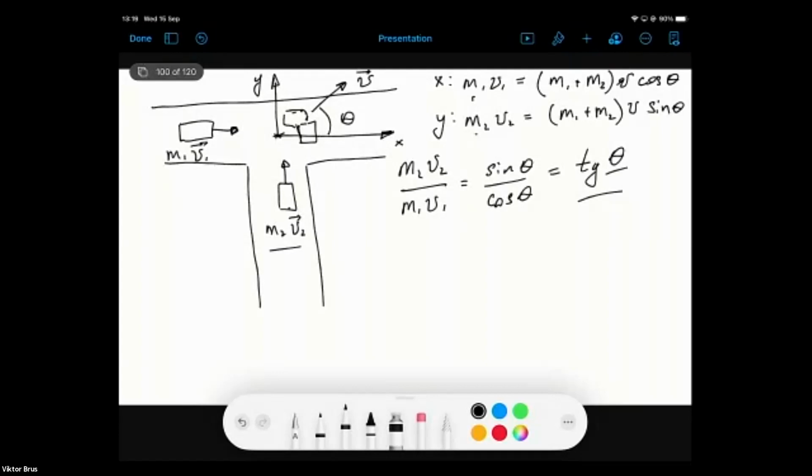And if we already have this theta, we can substitute it in, for instance, the first equation and get an expression for the speed of this motion after collision: it will be m1 times v1 divided by m1 plus m2 and times cosine theta. So this is just an example of a perfectly inelastic collision in two-dimensional space.